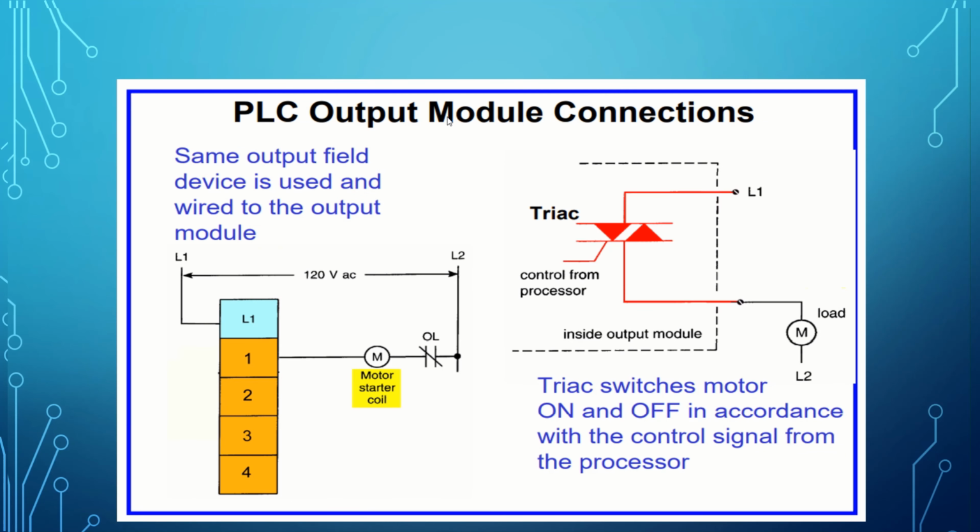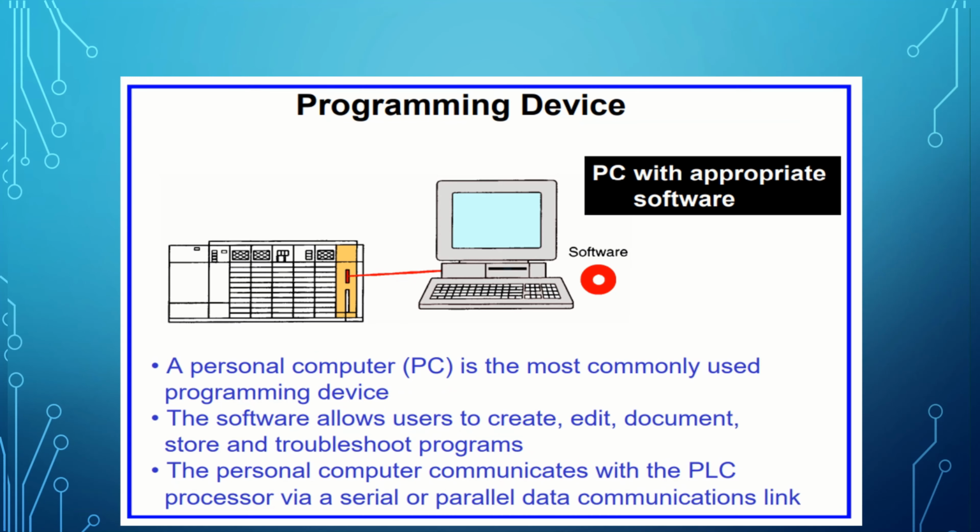Here, in the PLC output module, a semiconductor called the triac is installed, for which the triac acts as a switch to switch on and off the motor operation. Personal computer is the most commonly used programming device, for it can communicate to the processor.